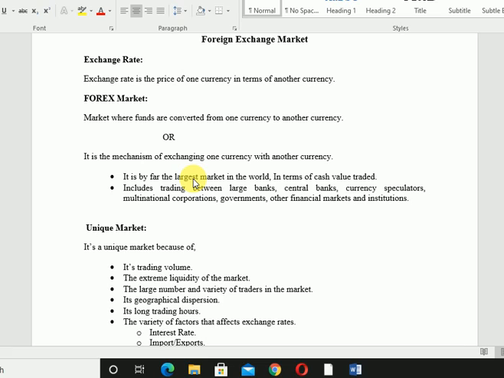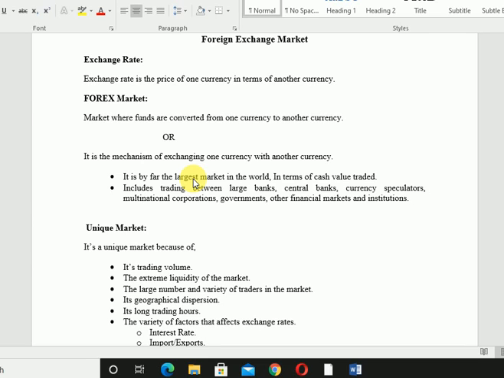Central banks, if they need, can also convert their domestic currency to the foreign currency. Speculators and multinational corporations also need different types of currency, so they are using this market. This market is called a unique market.